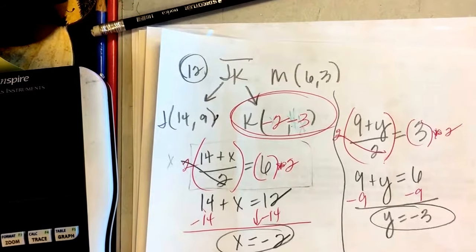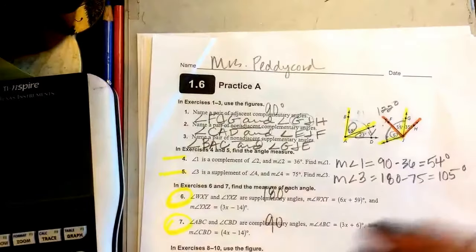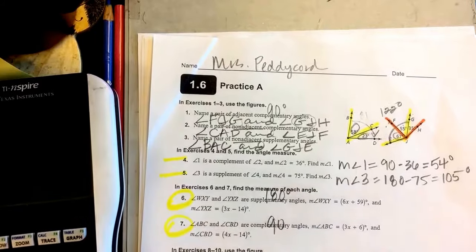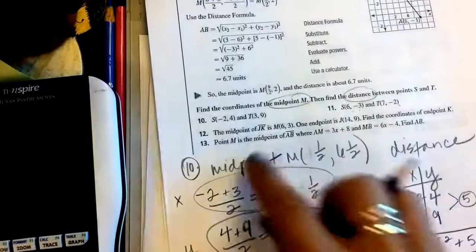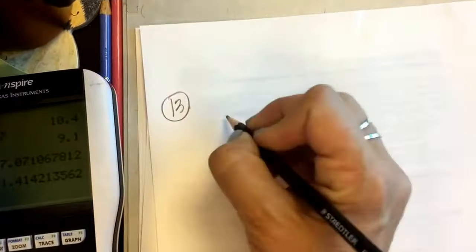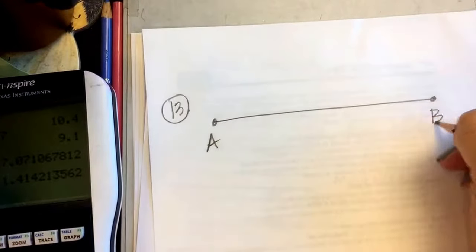Last but not least, for the crowded problems today, number 13. I'm not sure we've seen a problem like 13 before. They said the point M is the midpoint of segment AB, and then they give us some measures. So I think the easiest thing to do is something like this, and I'm recommending that this is exactly how you tackle it on your page. I've got a segment AB.